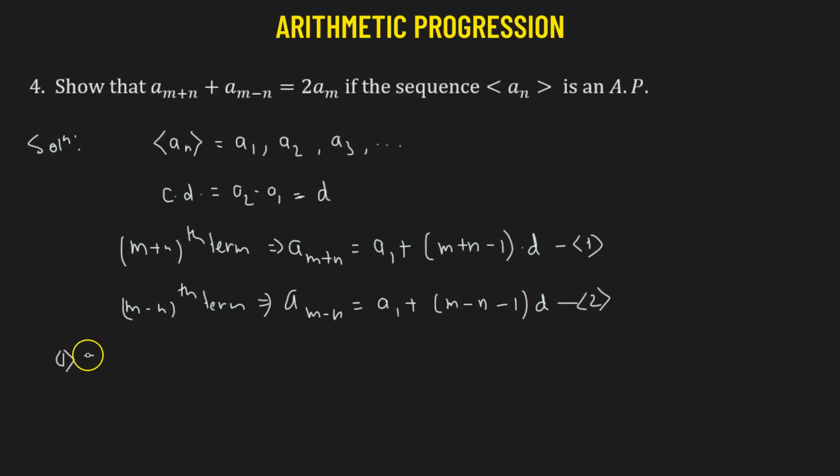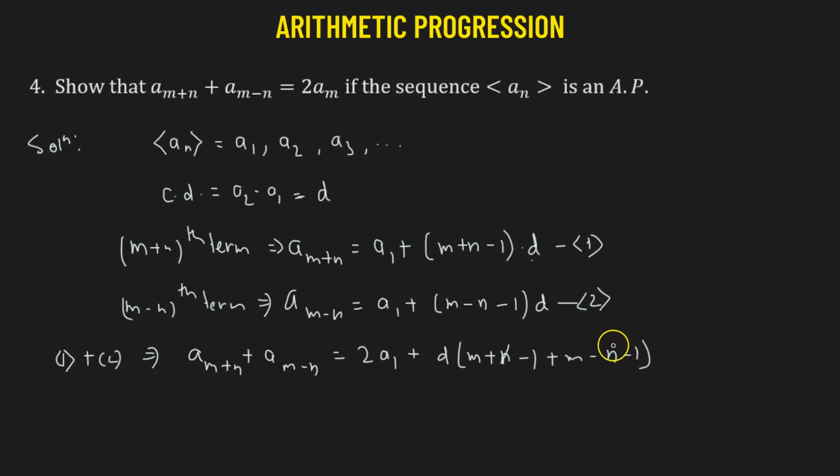What we'll do, we'll add 1 and 2 together. So this will give us a(m+n), the m plus nth term, plus a(m-n), the m minus nth term, which is going to give us 2 times a1 plus. So here in the second term we have d as the common factor. So this will get multiplied to m plus n minus 1 plus m minus n minus 1.